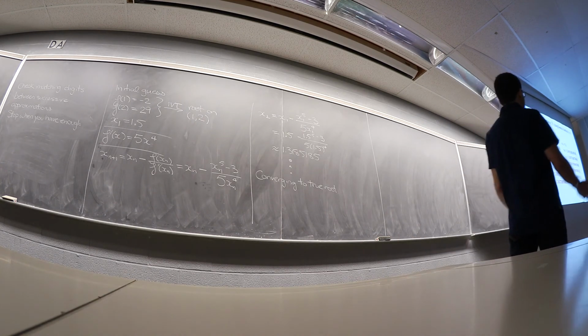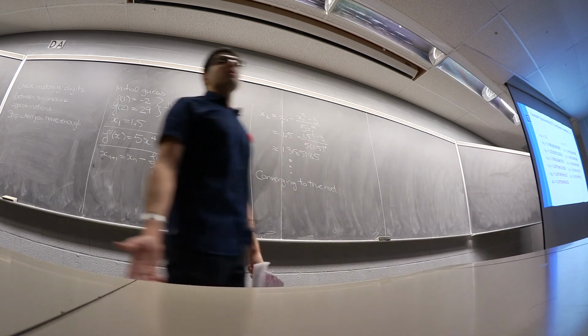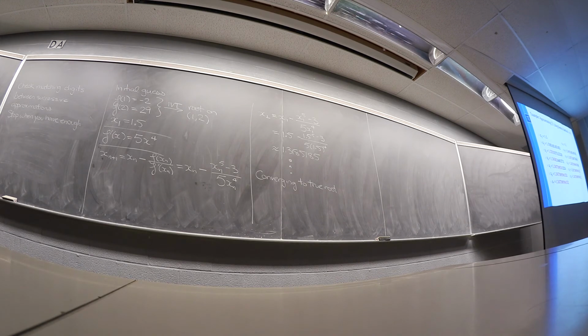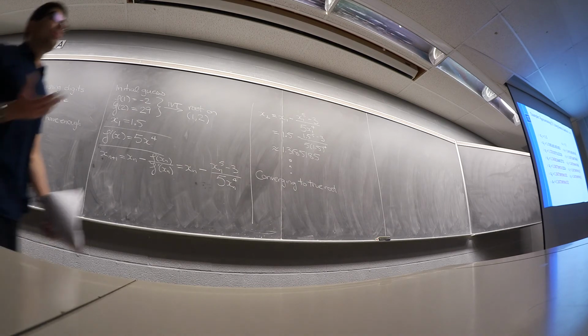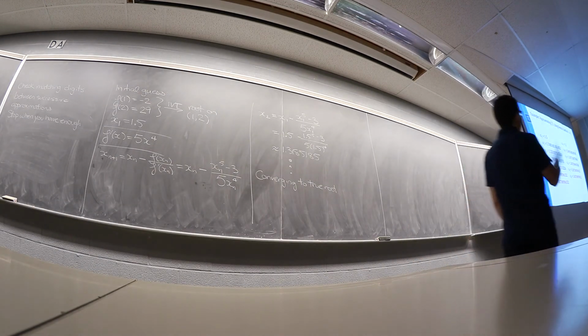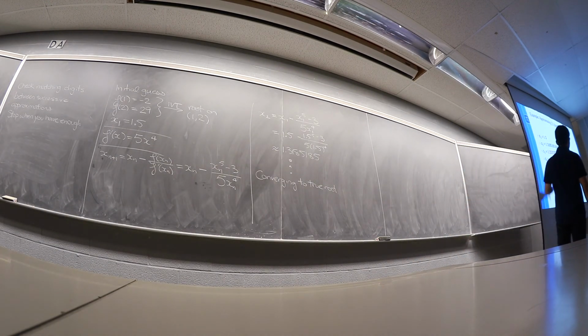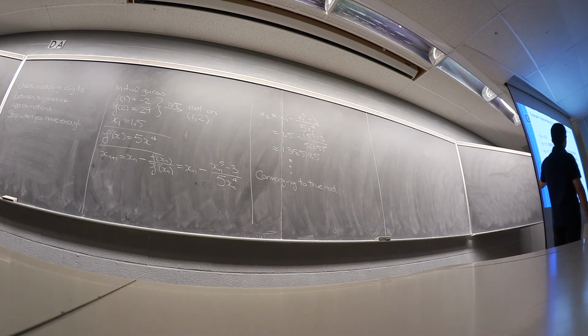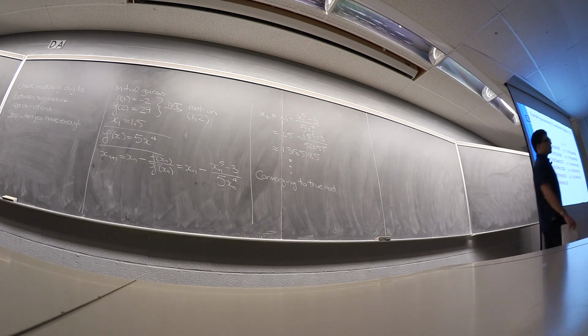The starting guess matters. I said 1.5 might be a slightly dumb guess, because if you looked at the graph, you can see that the root was closer to 1.2 than it was to 1.5. So if you'd sketched it yourself, you would have said, let's start at 1.2. And if you start at 1.2, you converge slightly more quickly, by which I mean you get to a reasonable approximation in slightly fewer steps.